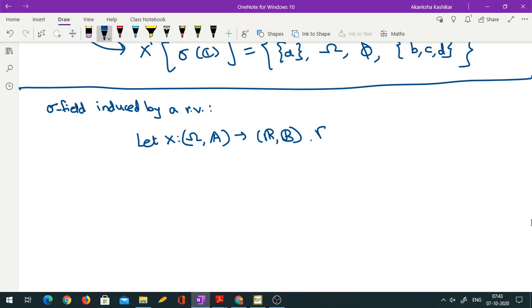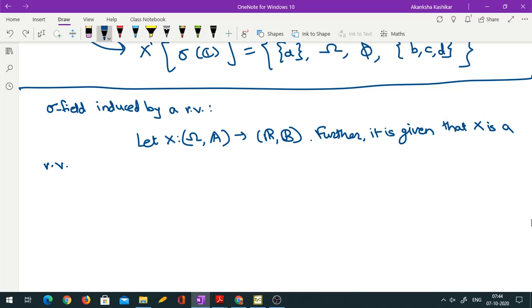Okay, further it is given that X is a random variable.